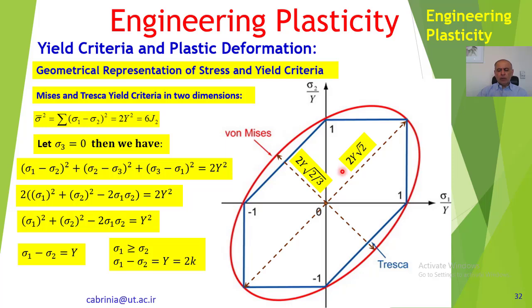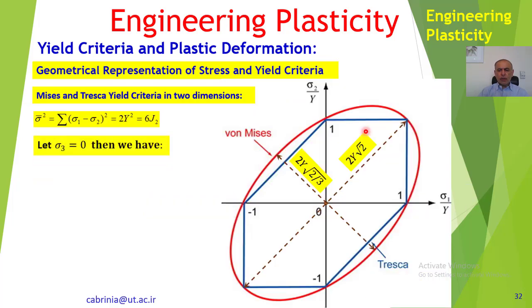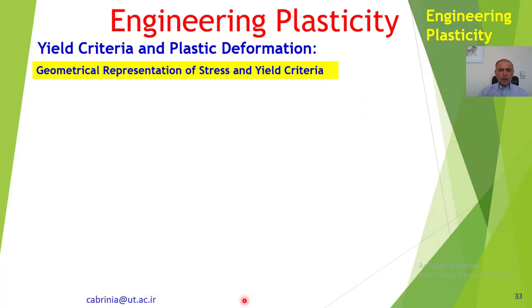Okay, so if you remember, these were before root 2 over 3 Y and Y divided by root 2, the radius of the hexagon and the radius of the Mises circle. So now that it has become an ellipse, this has become the minor axis and this has become the major axis with these values.